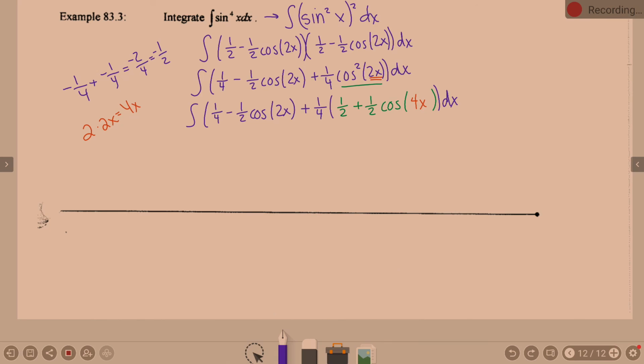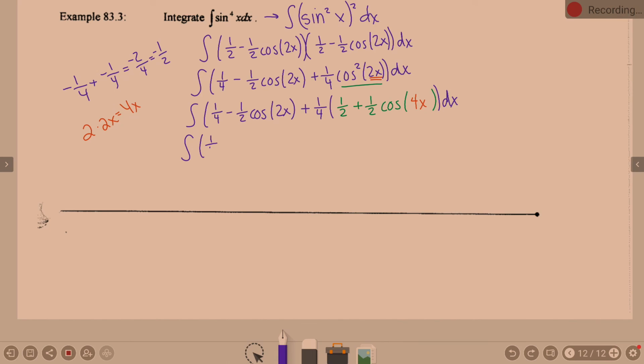And in the parentheses, times dx. What do I need to do now? Okay, distribute that 1/4, keep everybody else the same.